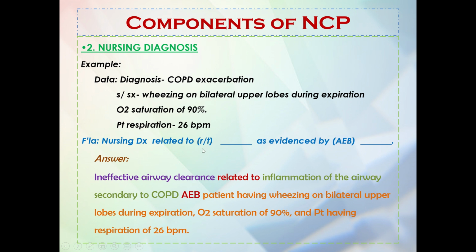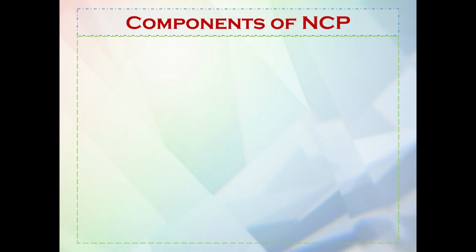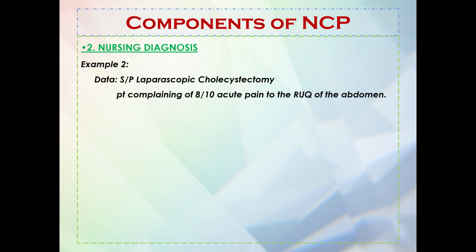That is a nursing diagnosis related to inflammation of the airway secondary to COPD, as evidenced by patient having wheezing on bilateral upper lobes during expiration, oxygen saturation of 90%, and patient having respiration of 26 breaths per minute. And that is our first nursing diagnosis. Okay, so let's have another example ng nursing diagnosis.